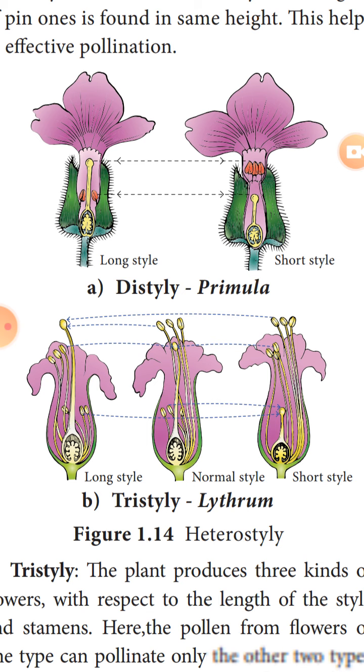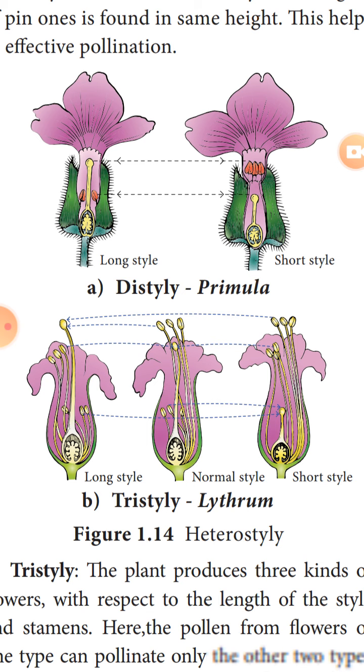That's why it is said that the stigma of the thrum flower and the anthers of pin lie on the same level, bringing about pollination. Similarly, the anthers of thrum and the stigma of pin are found at the same height.